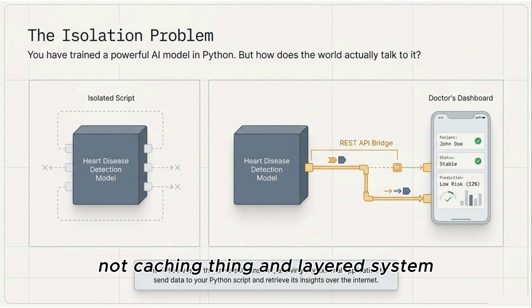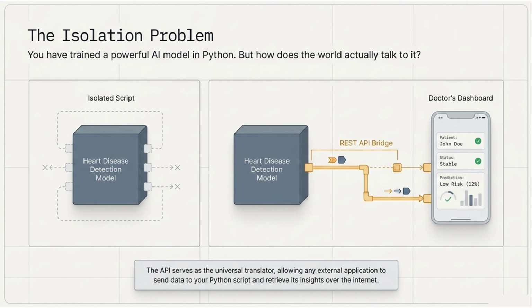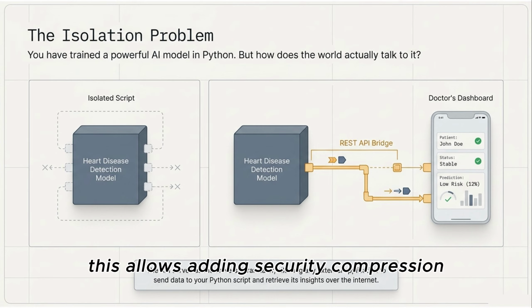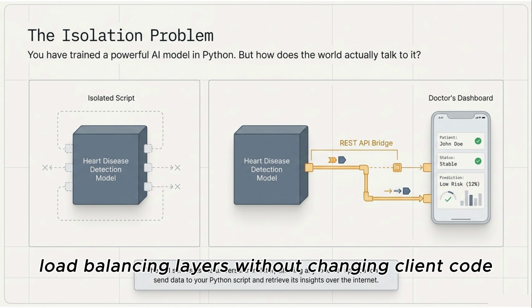And layered system: the client cannot tell whether it is talking directly to the server or to an intermediary load balancer, cache, or proxy. This allows adding security, compression, and load balancing layers without changing client code.